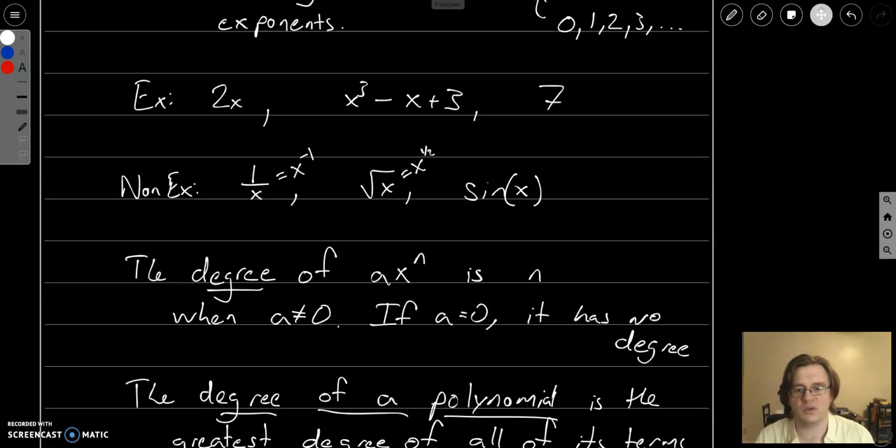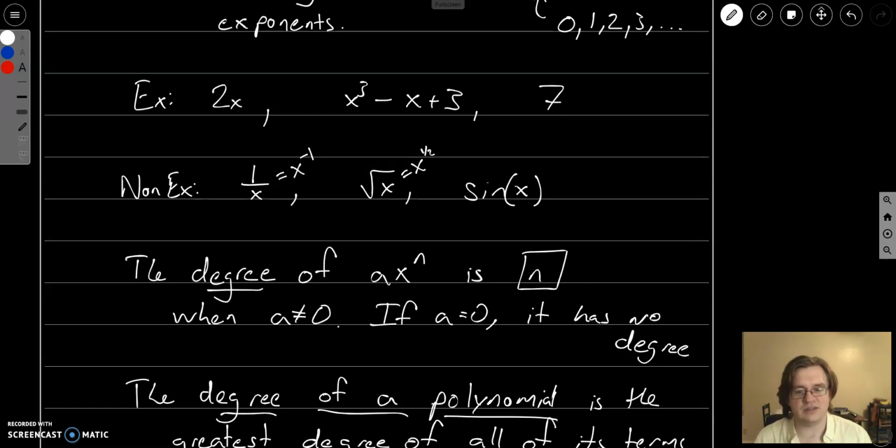So what can we say about polynomials? One thing in particular is the degree of a polynomial. So we'll look at a very simple polynomial first. If you ever have some number a times x to the nth power, n is the degree of the polynomial.